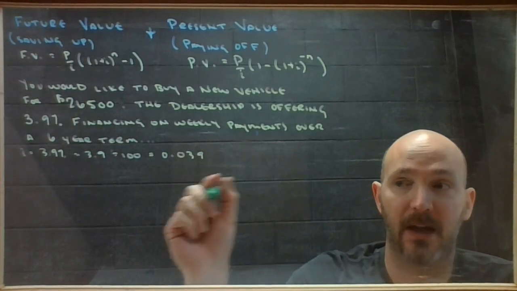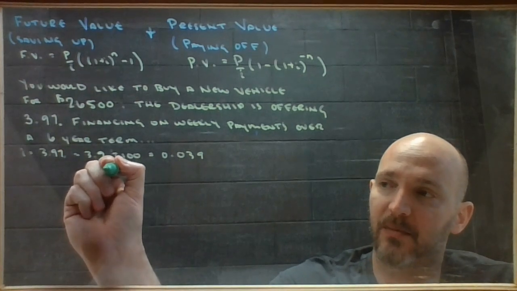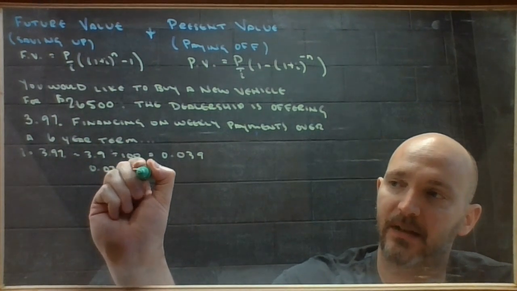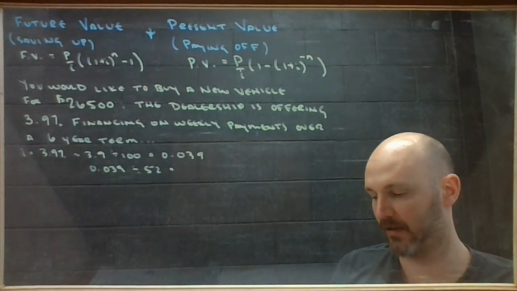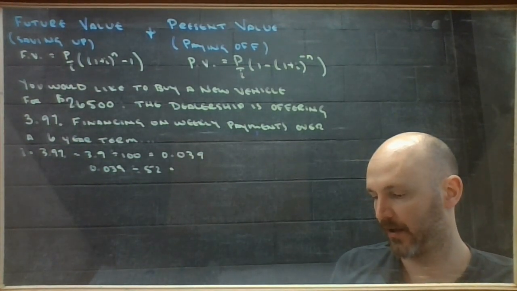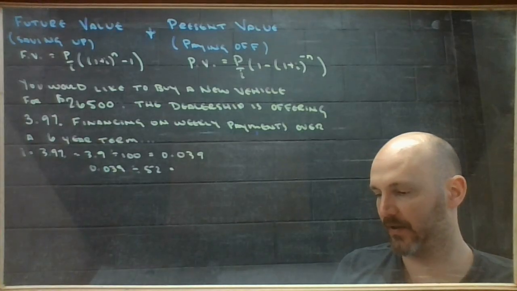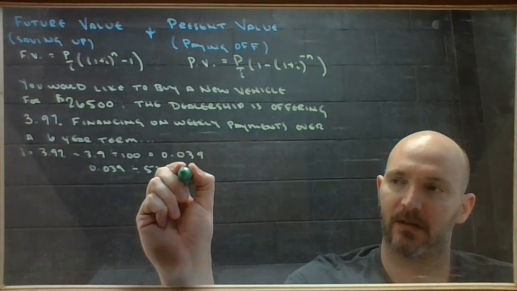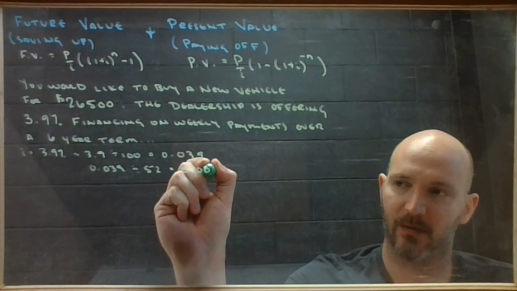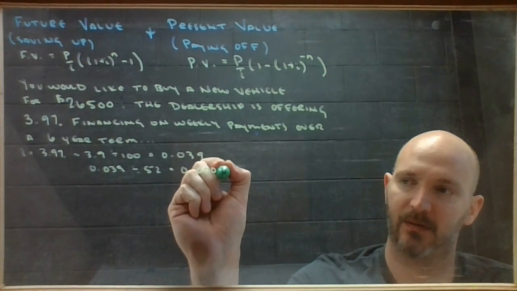So on weekly payments, I'm taking that 0.039 and splitting it up over 52 payments each year. 0.039 divided by 52 gives me 0.00075.